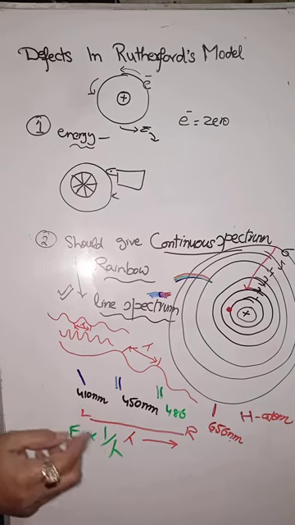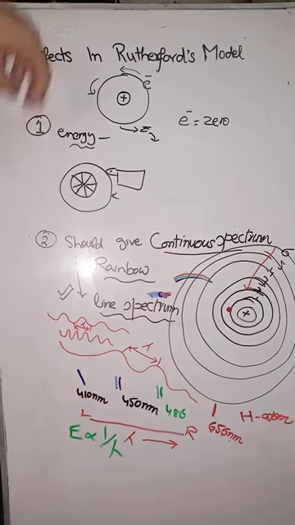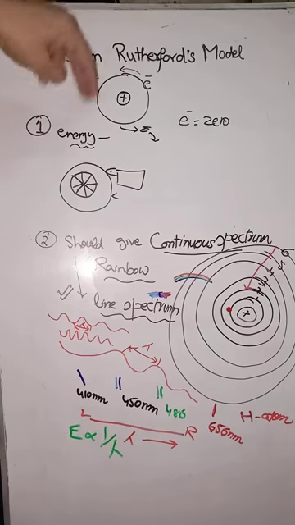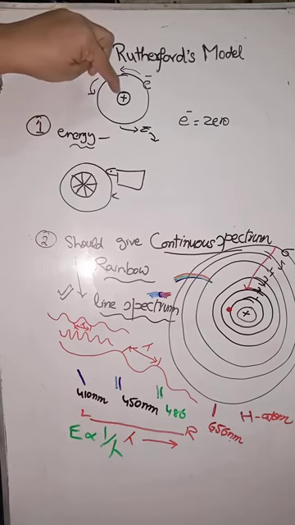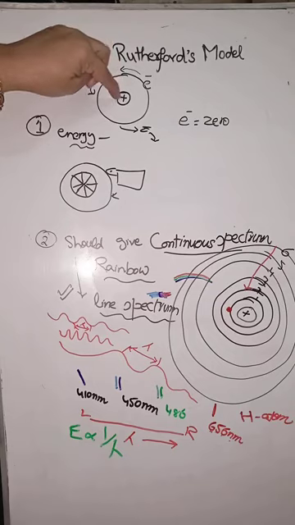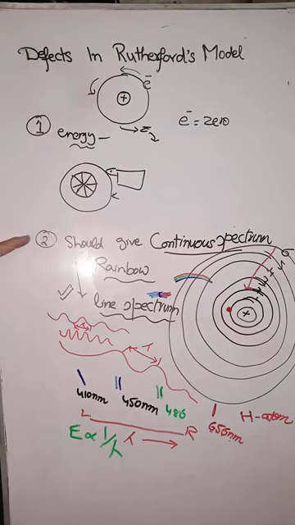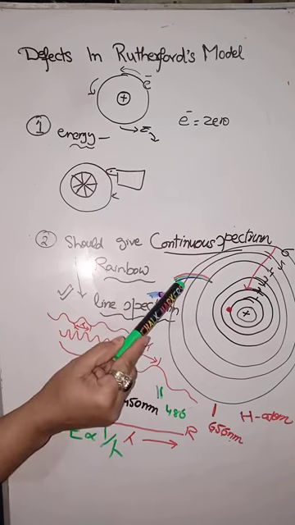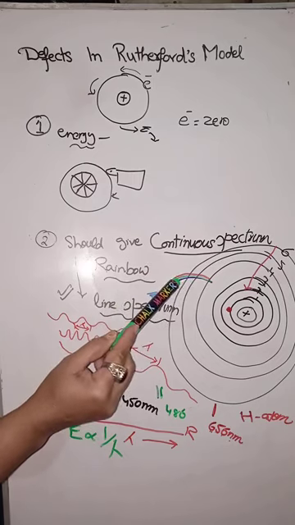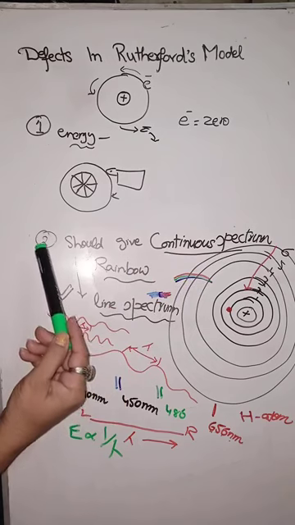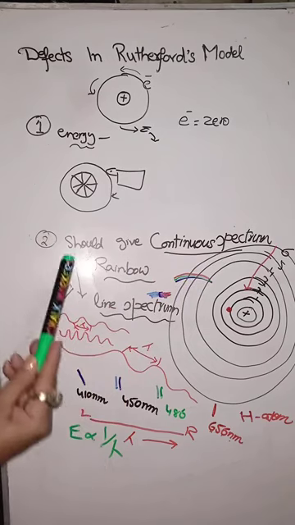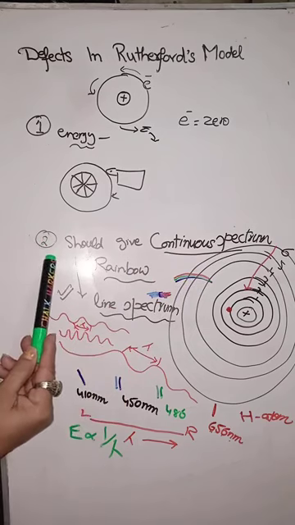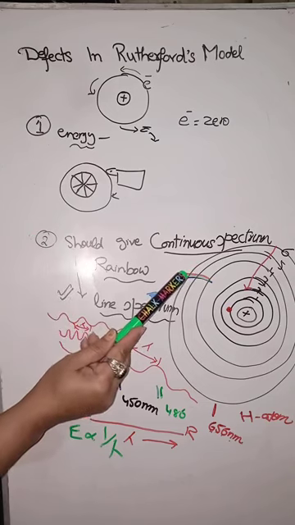Okay, so there are two defects. The first was that the electron radiates energy and will ultimately fall into the nucleus, while this does not happen. Second is that the electron will give you a continuous spectrum just like a rainbow, while it was found that in case of an atom no continuous spectrum is seen.